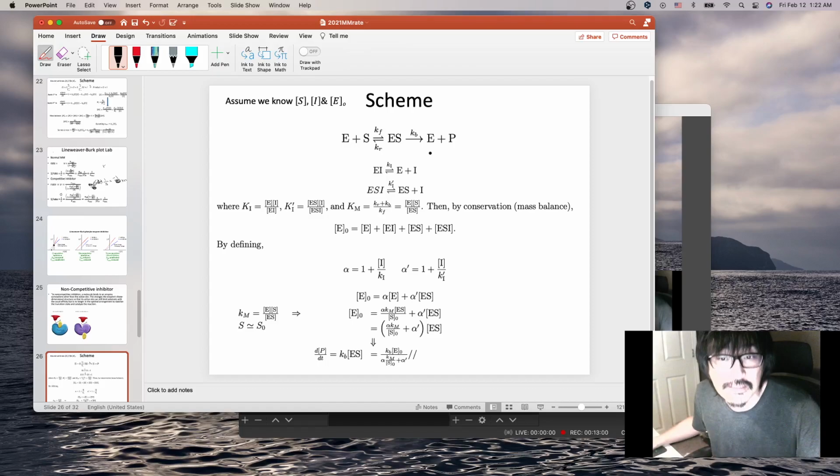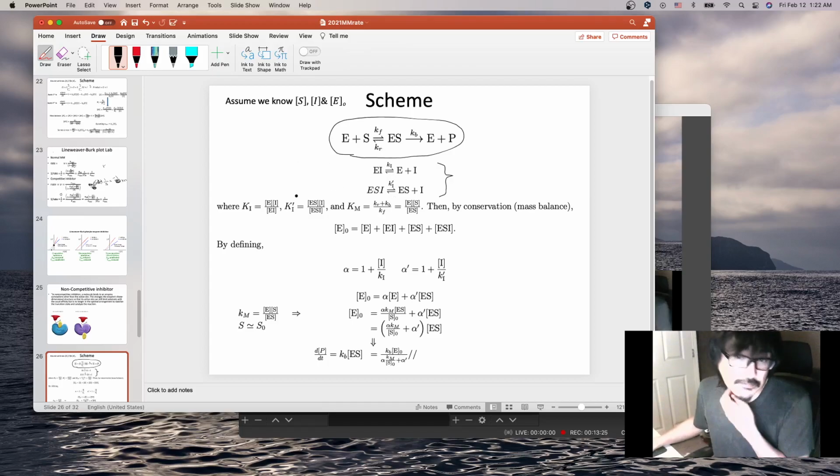That makes this reaction scheme a little bit more difficult. Originally we start out with this simple reaction, right? Now we're going to add these two conditions: E and I can form EI, and ES and I can form ESI. All of these are described by equilibrium constants, which makes our life a little bit simpler.